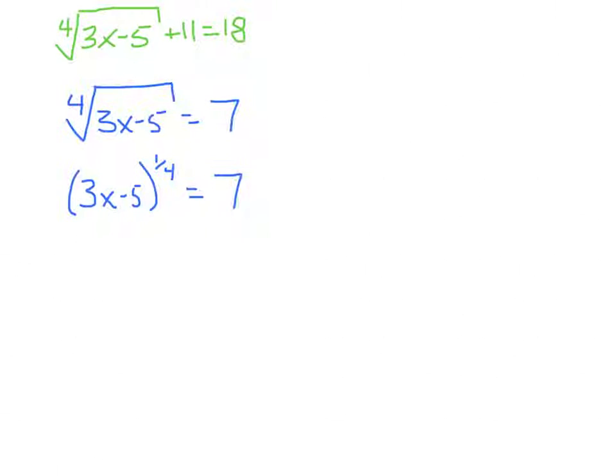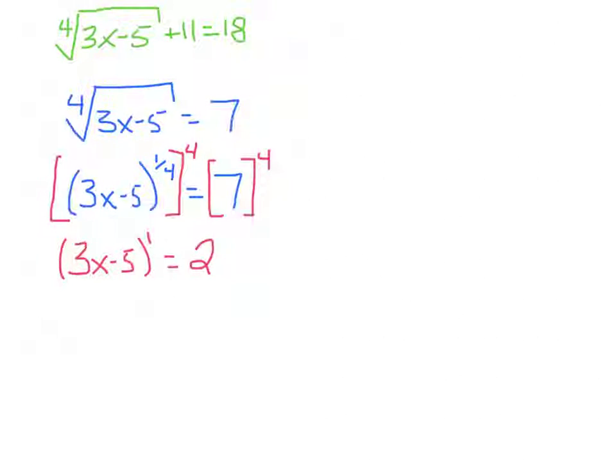And again, think to yourself, what do I need to multiply 1/4 by to get it to become 1? Because that's what you're going to do to both sides. So really you're just dealing with the reciprocal here. We're going to raise it to the 4th power, and we have to do that to both sides of the equation. So on the left hand side we're going to have 3x minus 5 to the first power, or 4 over 4, and then we're going to have 2401.